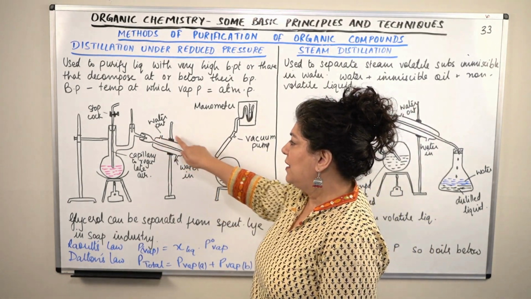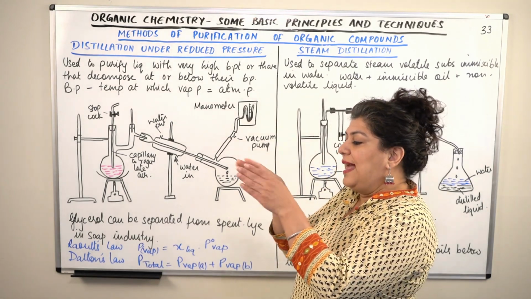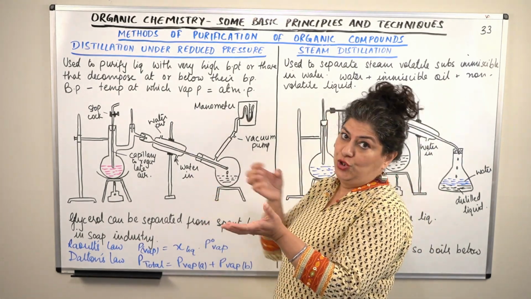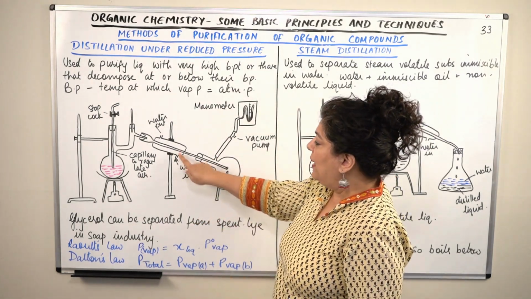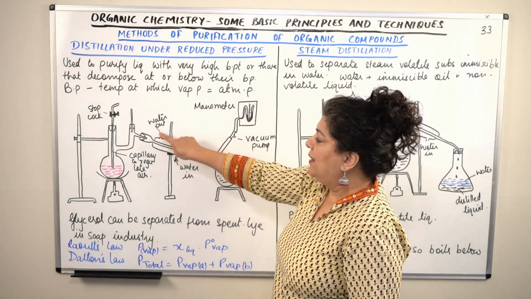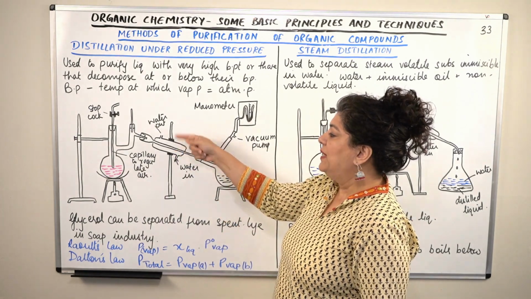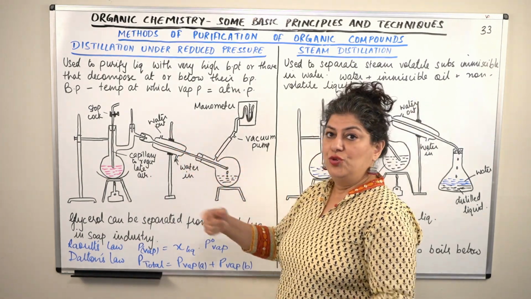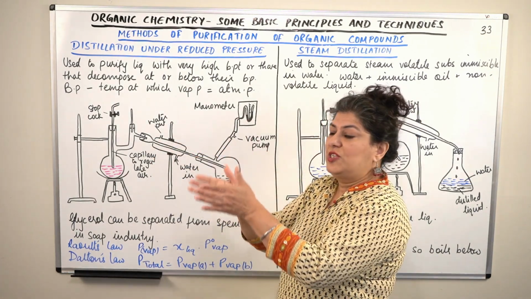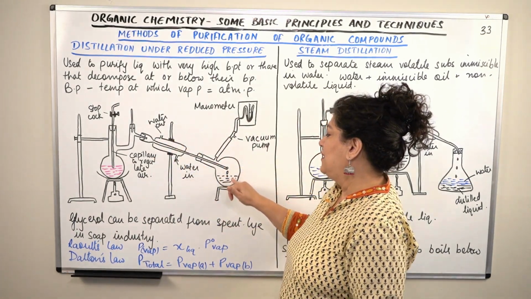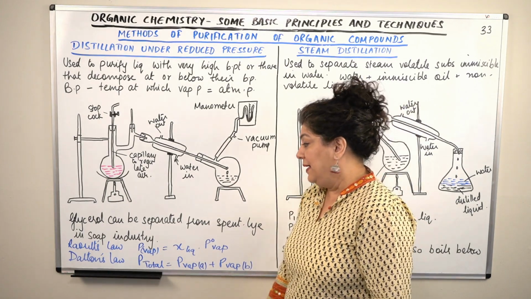What is the condenser? The condenser is a glass jacket over the delivery tube. You allow cold water into this glass jacket, and cold water coming out, it circulates around the inner tube in the form of a jacket, and cools down the vapors, which get condensed and come down as droplets and are collected.